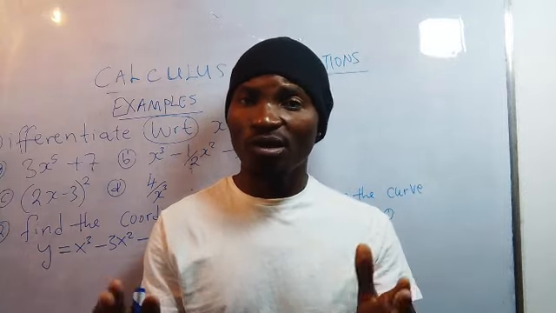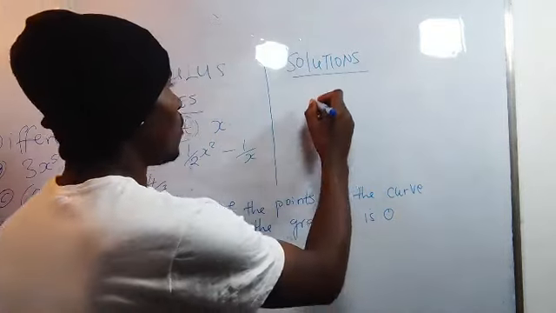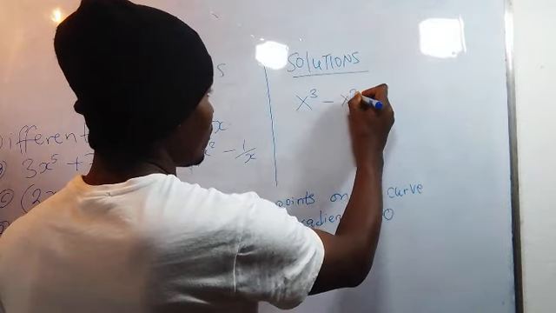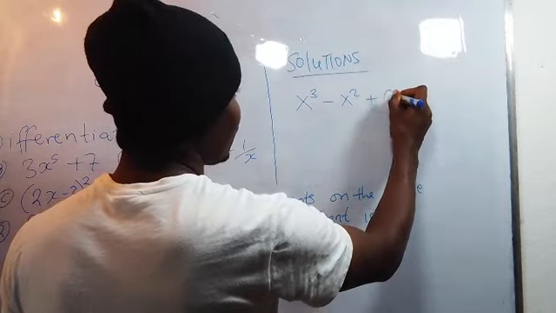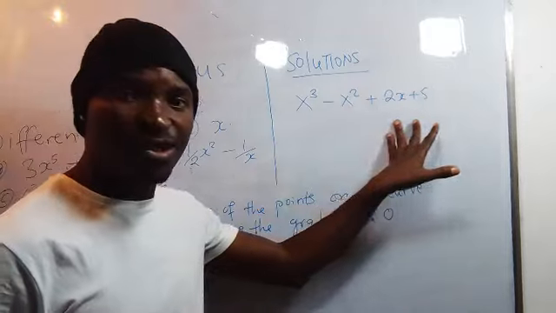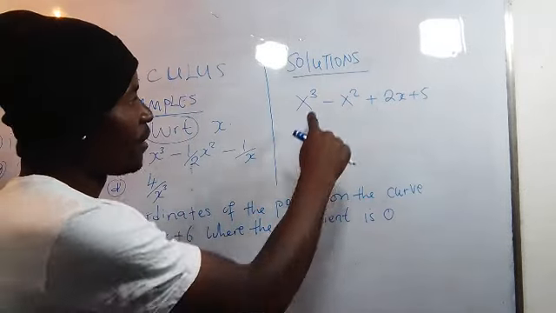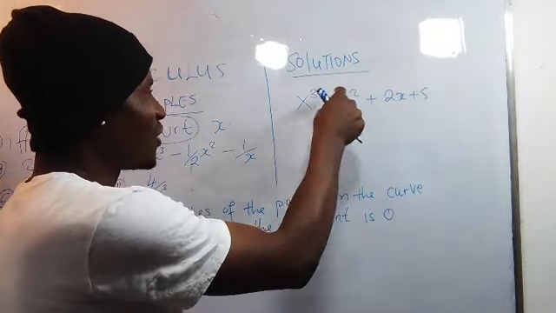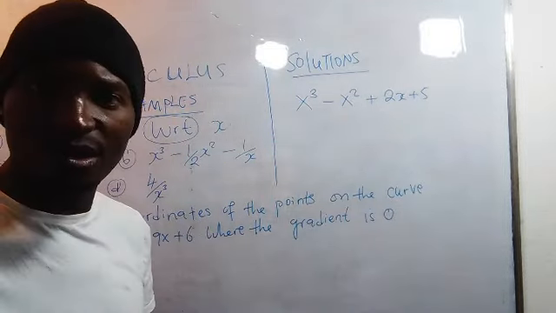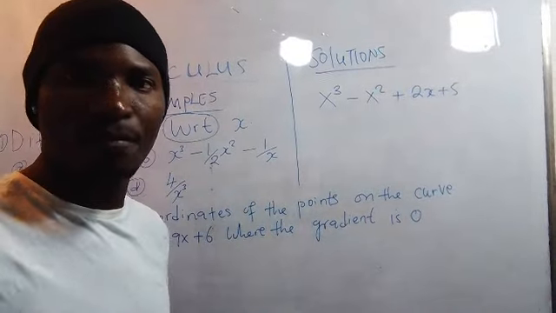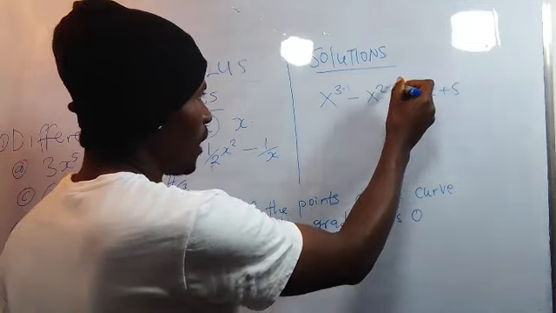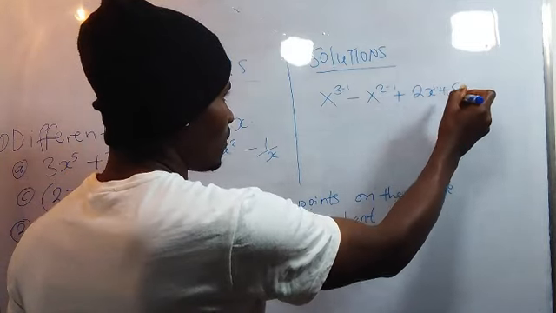Let me give you a quick one, for example. Every single power on each term of this function must be subtracted by 1. So there's 1, subtract 1.